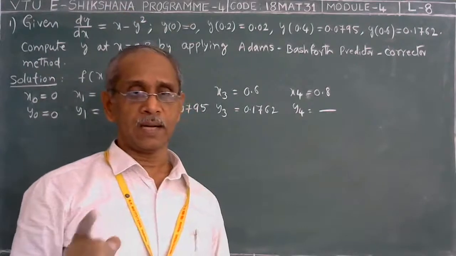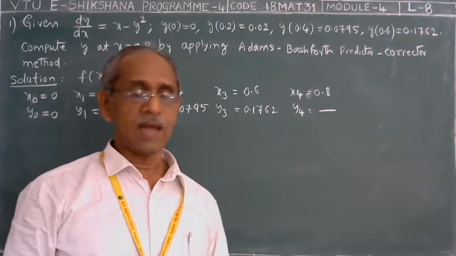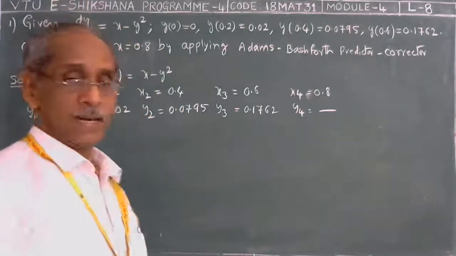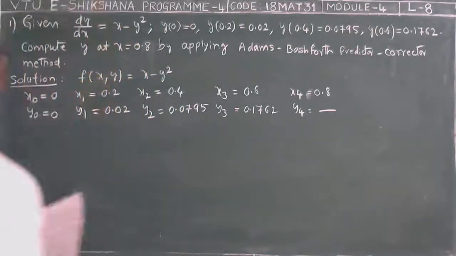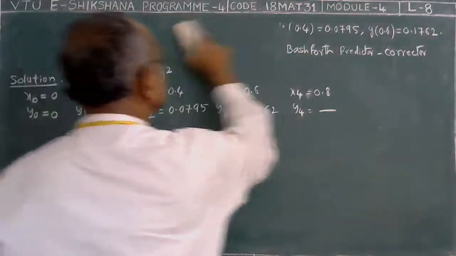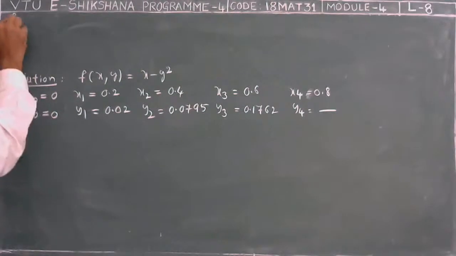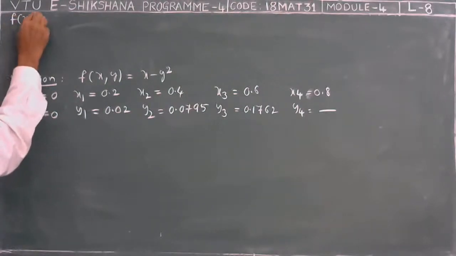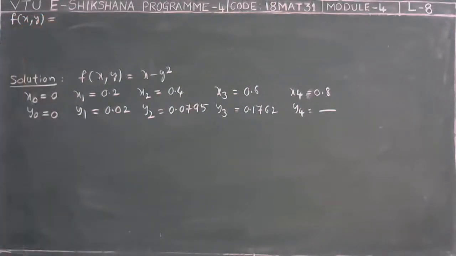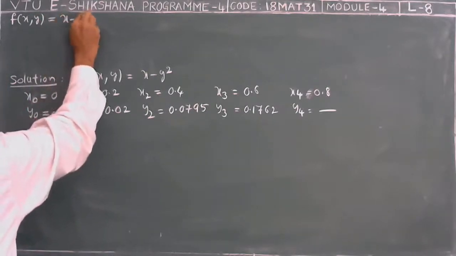Adams-Bashforth predictor corrector formulas. First let us predict the value of y at x equal to 0.8 using predictor formula. So let me write down the data here. The data what is given, f of x comma y is equal to x minus y square.